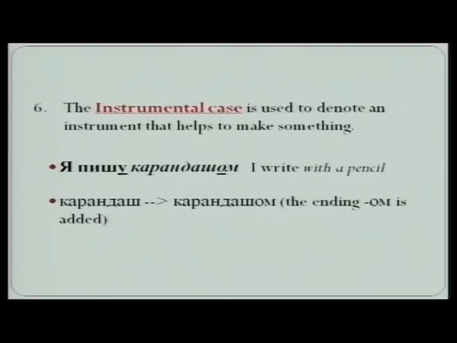I write with a pencil. That is why when we used this construction, the karandash or the pencil changes into karandashom. This basic formula is used in instrumental case when we express that an instrument which is being used to help to make something, where the sense of with is coming.